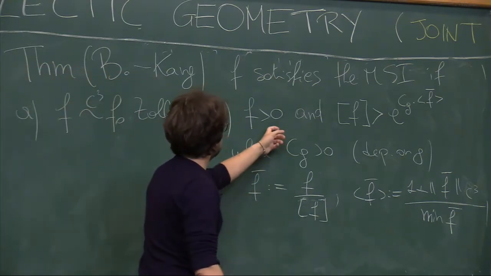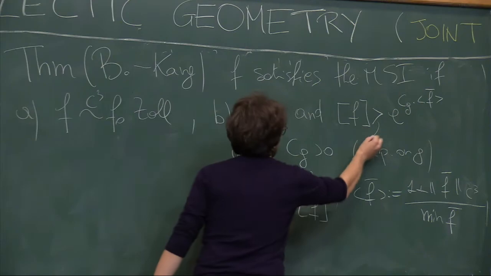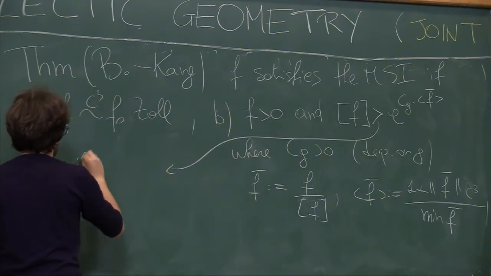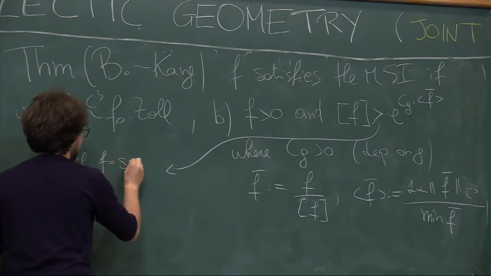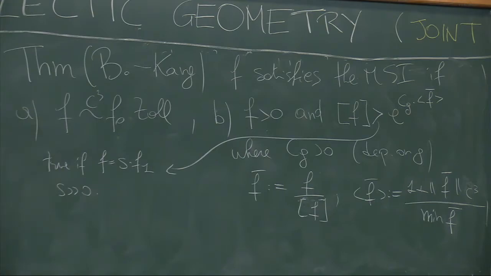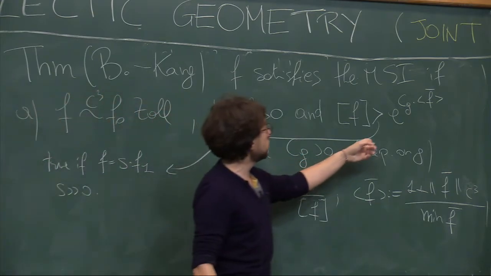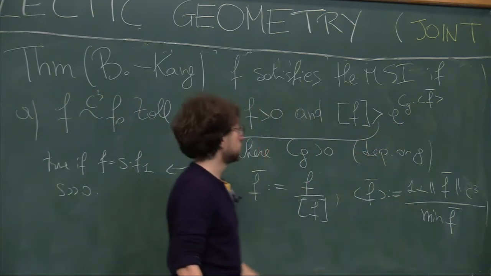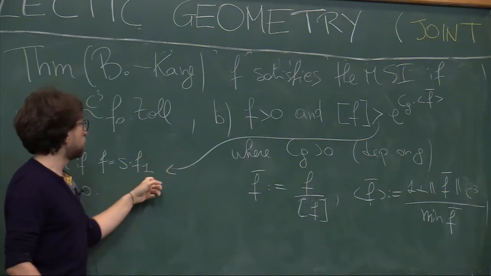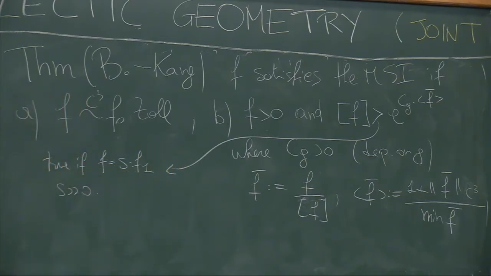And then just a comment. This second case here, so this inequality, holds for example if f is some S times f1, where S is some very, very big constant. Because if I rescale some given function, this will grow, but this will stay the same. So this also incorporates all the possible positive functions f1, if I rescale them a lot.